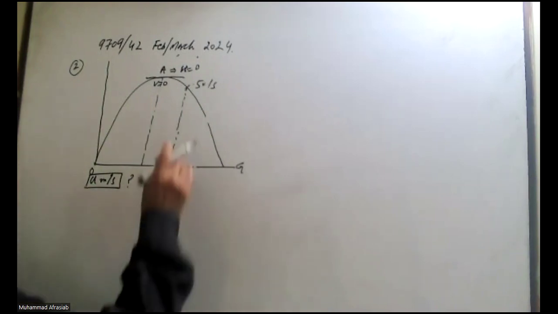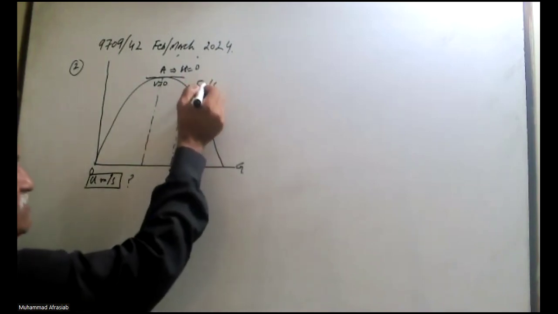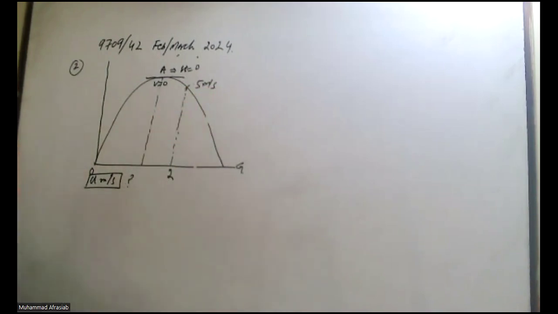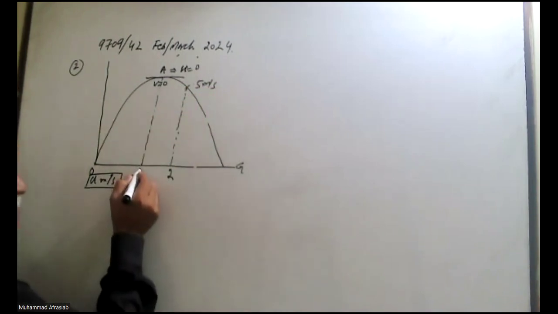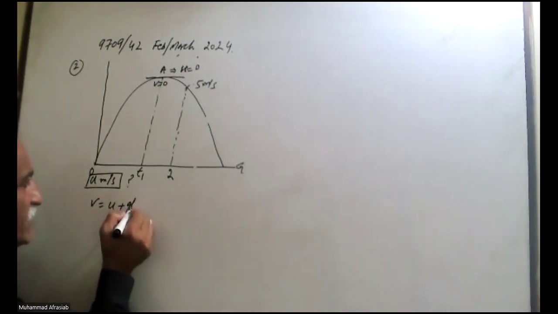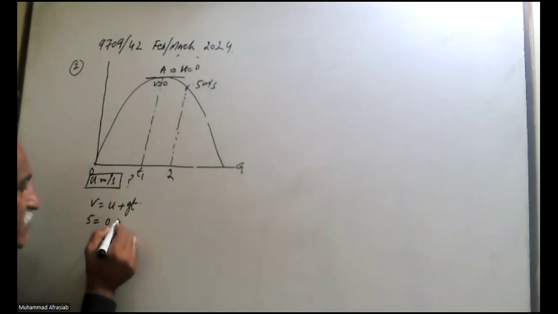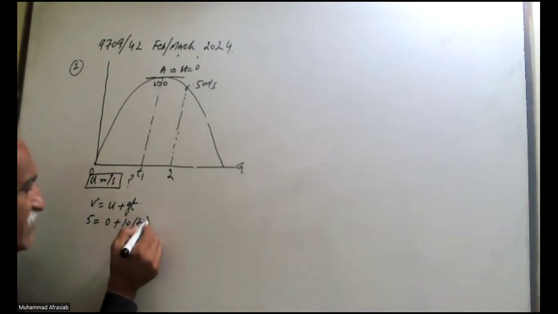So at 2 seconds, its speed is 5 meters per second. Let's say we have to calculate this time t1 for that part. From the equation of motion, v is equal to u plus gt, where v is equal to 5, u is 0 because it is coming downward, g is 10, and the time is t1.